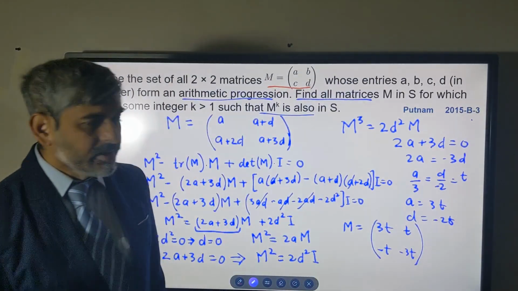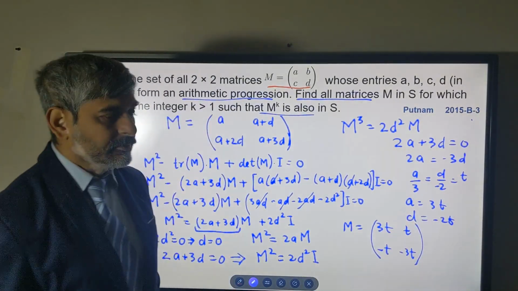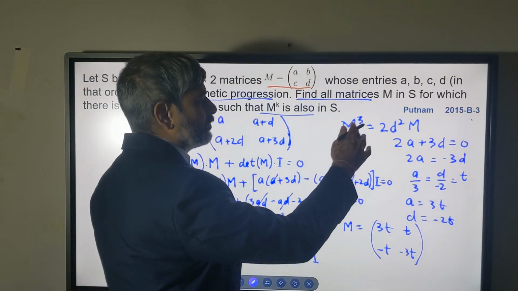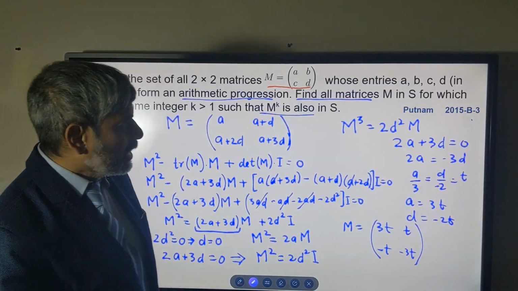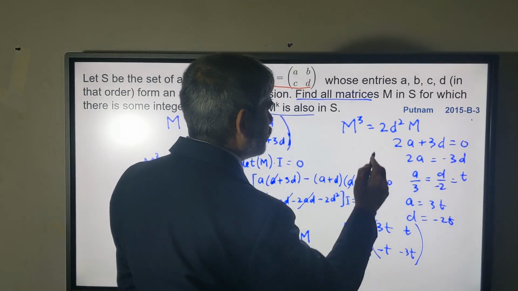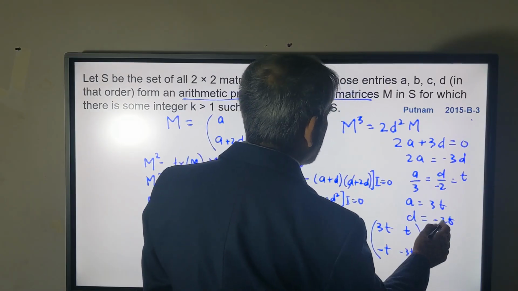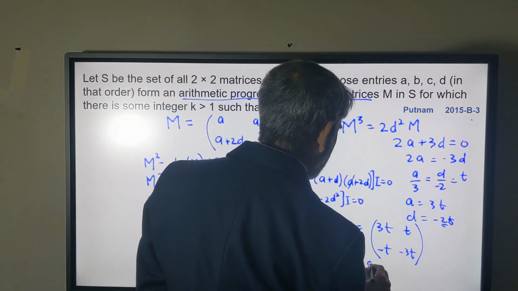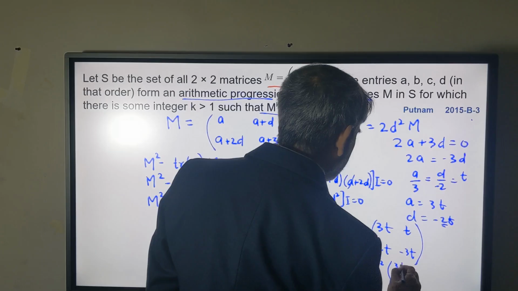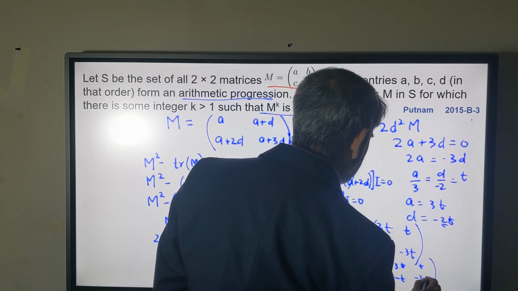So this is how the elements of M have to be, and under such conditions this M cube is equal to 2d square, which we can write as 2 times 2d whole square, or 8t square multiplied by 3t, t, minus t, and minus 3t.